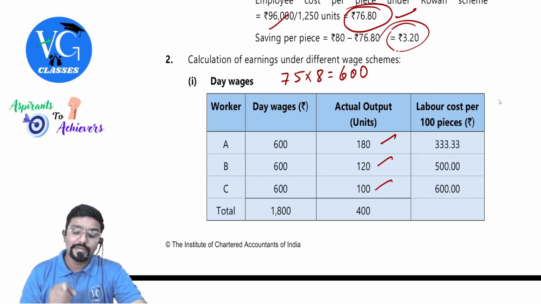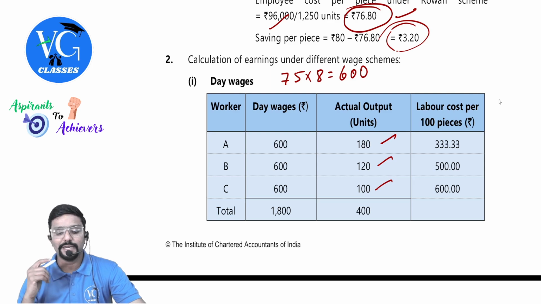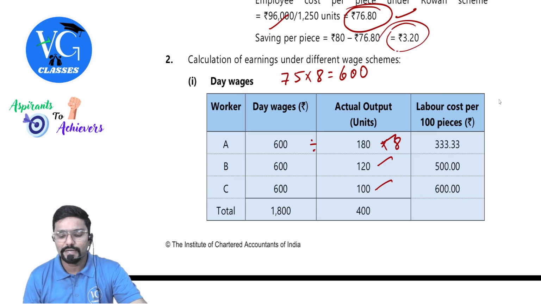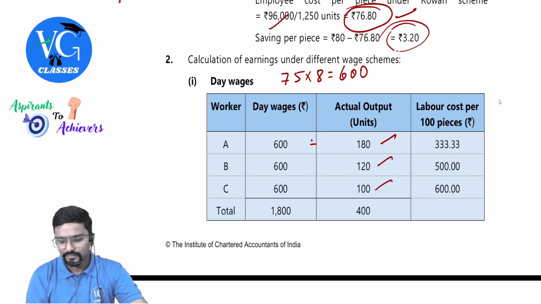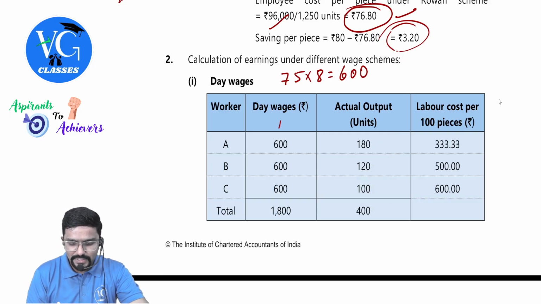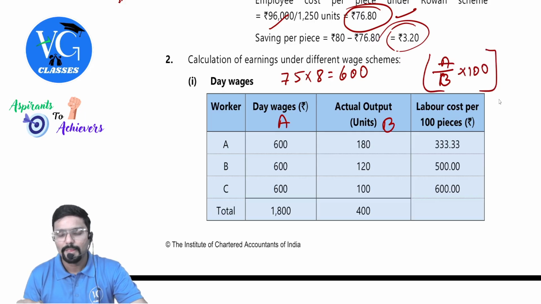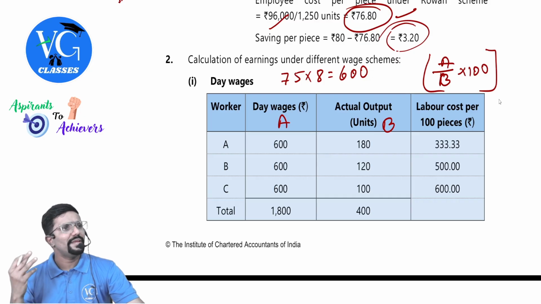Labor cost per 100 pieces they are asking. How much is the labor cost per 100 pieces? Simple, 600 divided by 180 into 100. Assume this is A and this is B, so this would be A by B into 100. If you do A by B, you get the cost per piece.